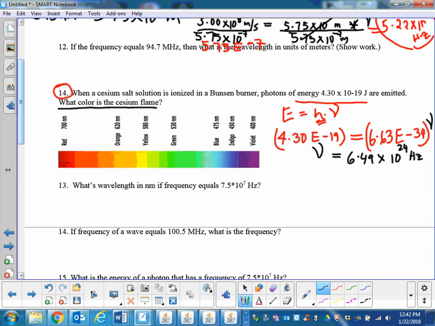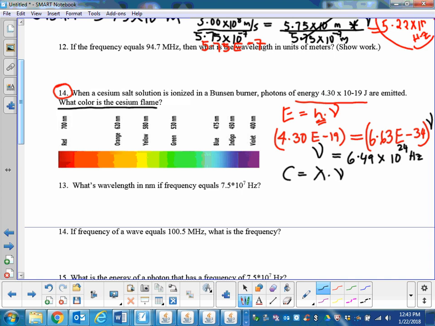In order to determine color, what should you find? Wavelength. So now I know frequency. How do I find wavelength? What equation will I use? I'll use the equation c equals lambda times nu.